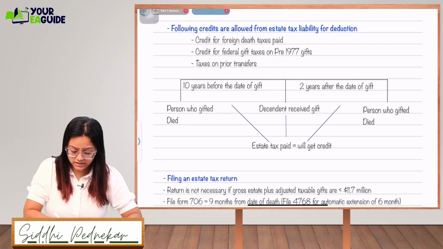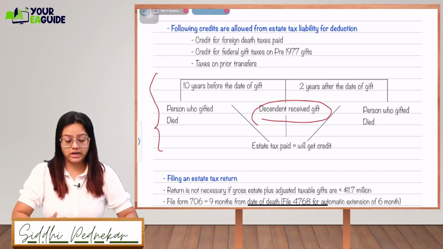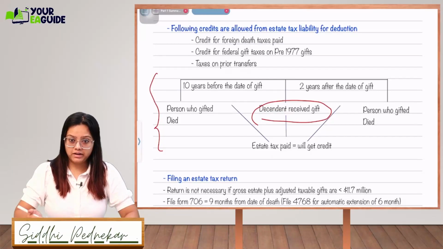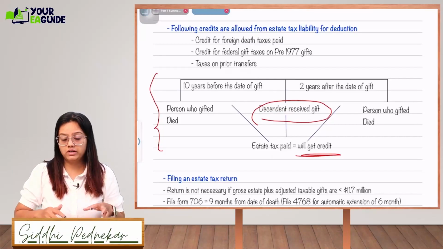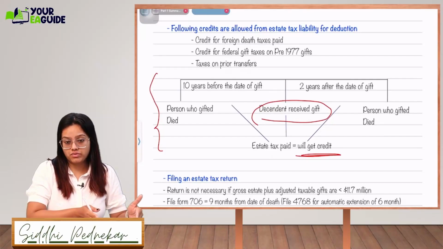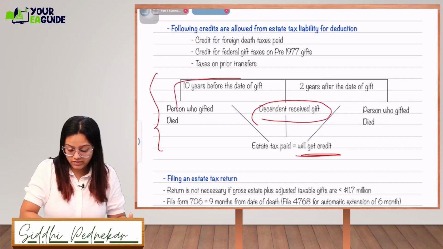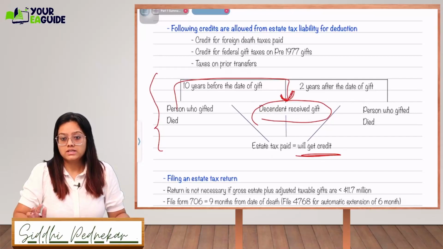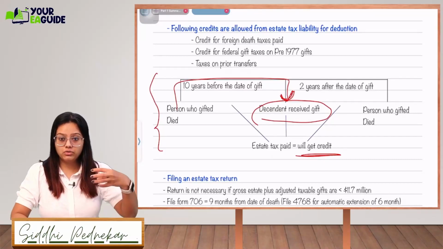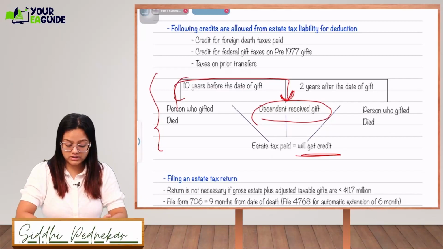Now this is not that important, but just understand this. A descendant received a gift, and estate tax paid will get credit. You have to check the provision: the person who gifted died within 10 years, before 10 years from the date of gift, and after 2 years from when the gift was received.